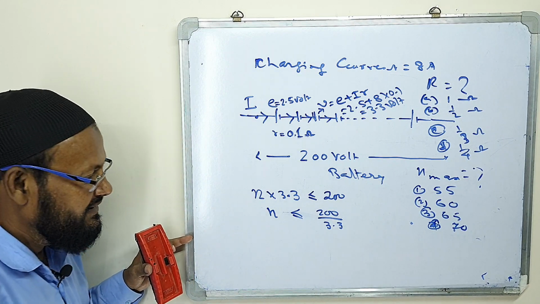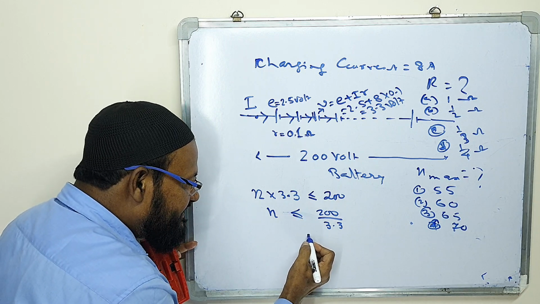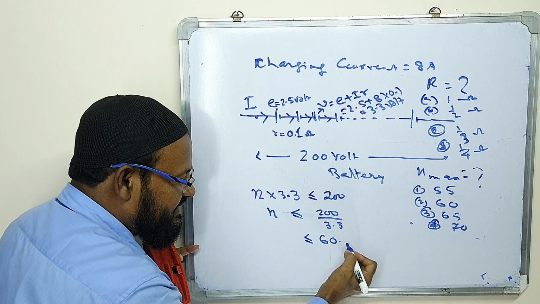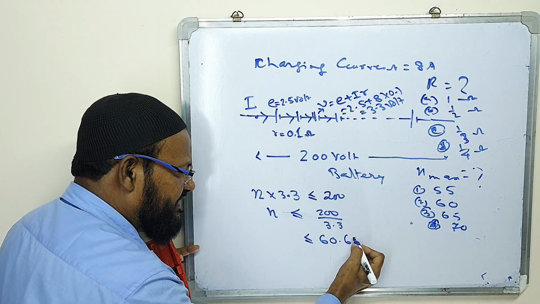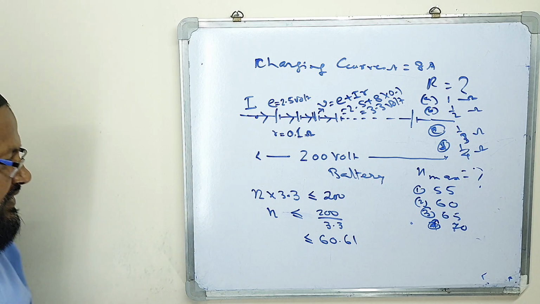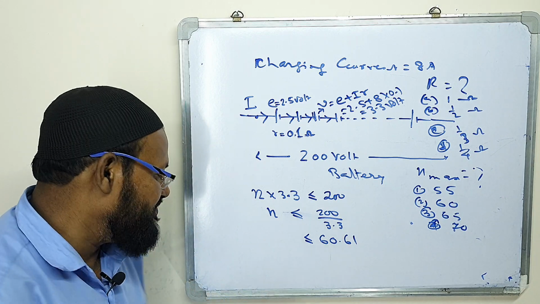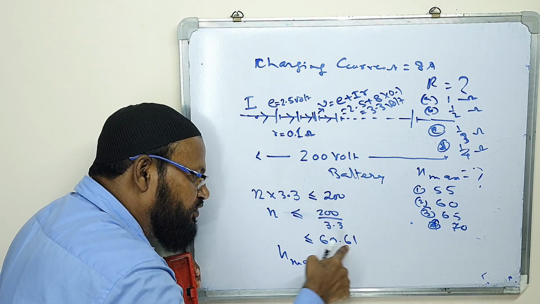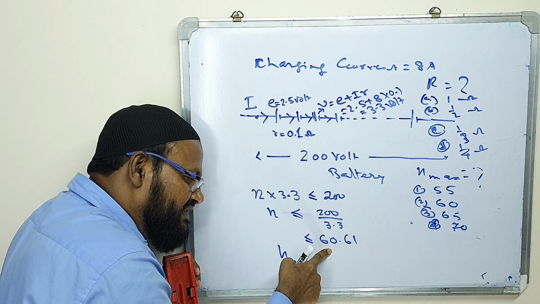Be careful, this is 60.6, like 60.61. Can you tell me what N max is? According to mathematics, when the decimal is more than 5, it is taken as 61.